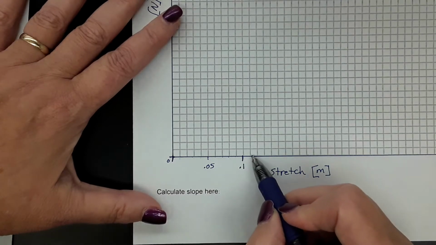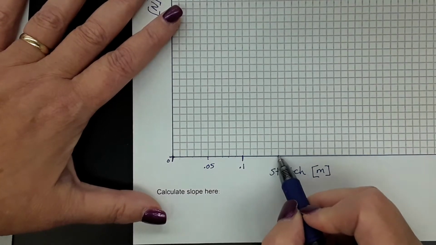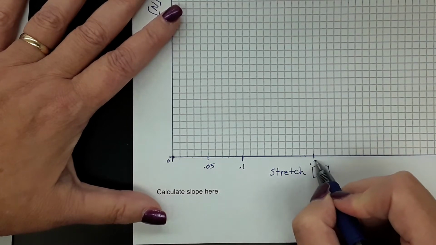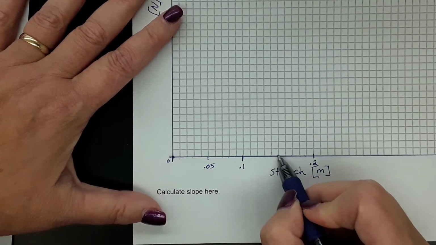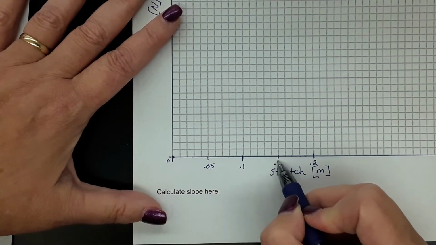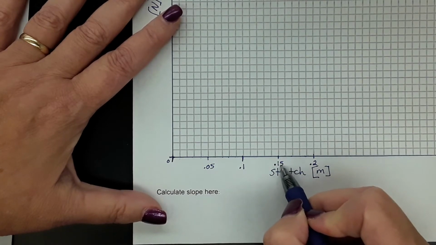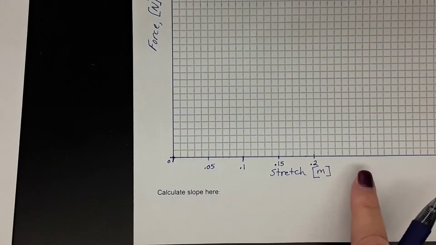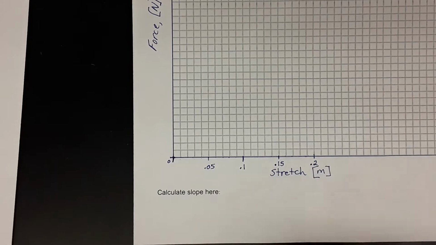Now another 10 squares, 1, 2, 3, 4, 5, 6, 7, 8, 9, and this is going to be 0.2. So halfway between is going to be 0.15. And we really don't need to go any further because our data stops right there.